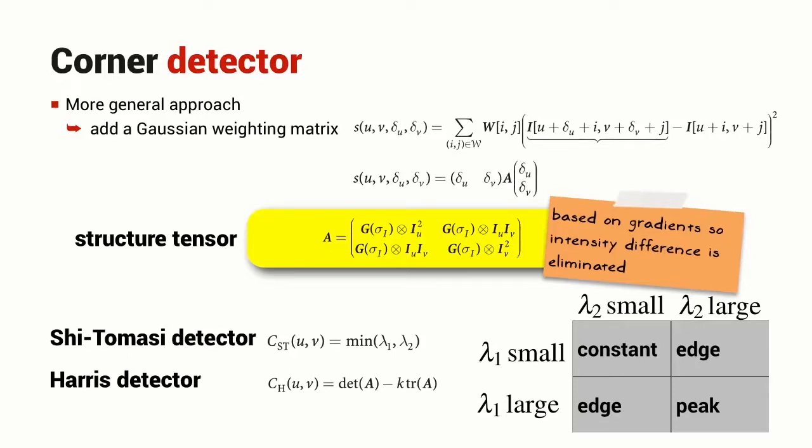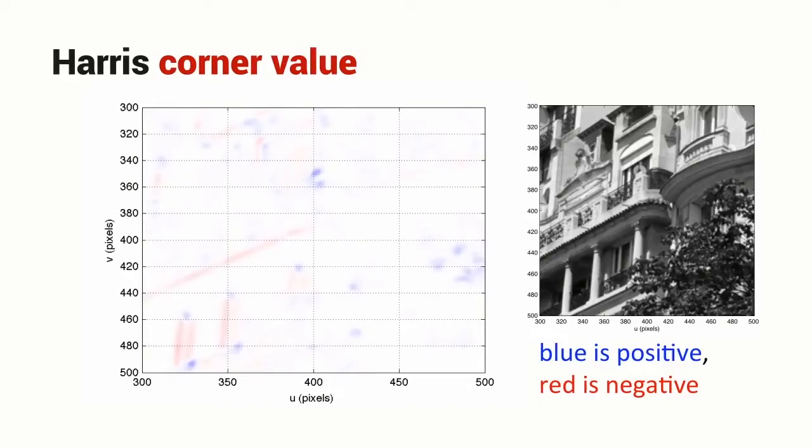It effectively determines pixels that have two large eigenvalues, but it does it by computing the determinant of the matrix and the trace of the matrix, which are two things that are very, very easy to compute, and takes the scaled difference between those and returns a value that is high if that particular part of the image is interesting. Here is an example of the output of the Harris corner operator.